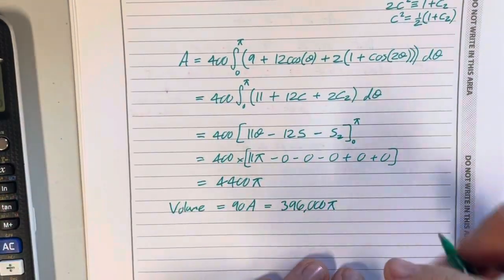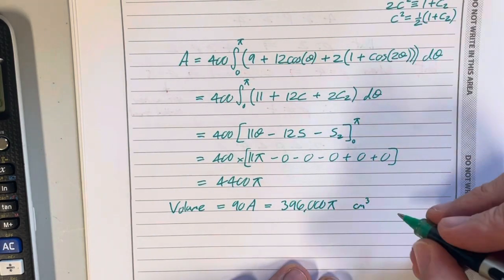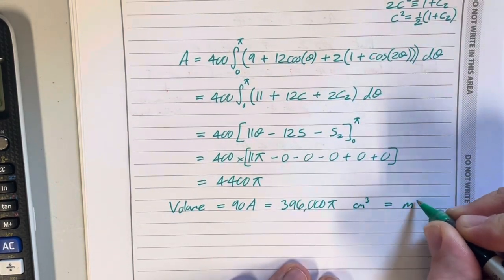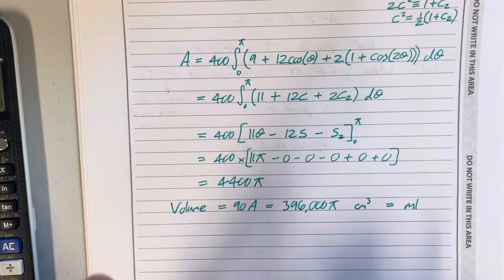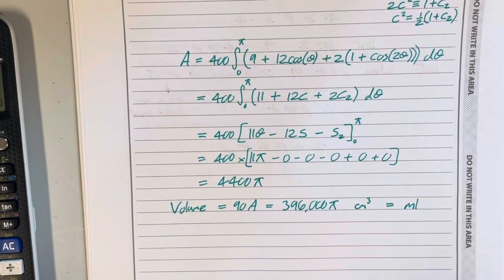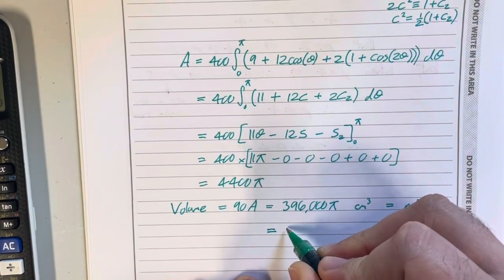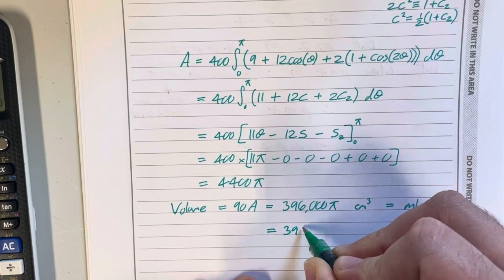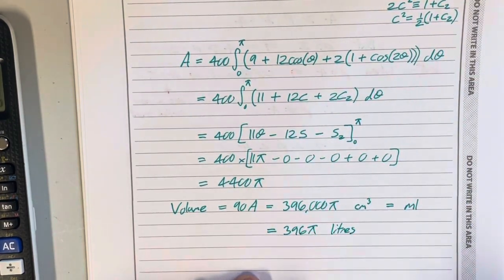Okay, so that's centimetres cubed, which is the same as millilitres. 1 centimetre cubed is 1 millilitre. That's a definition you just need to know. So if I divide that by 1,000, that'll give me the number of litres. So that's 396 pi litres. That's how big the pond is.